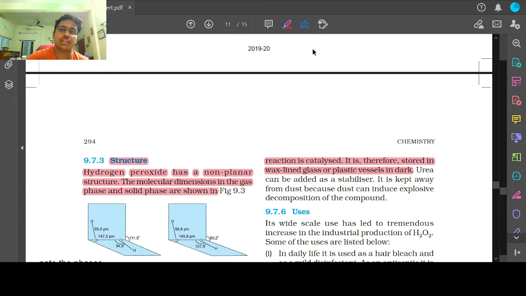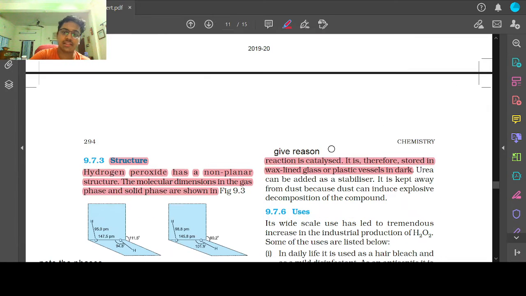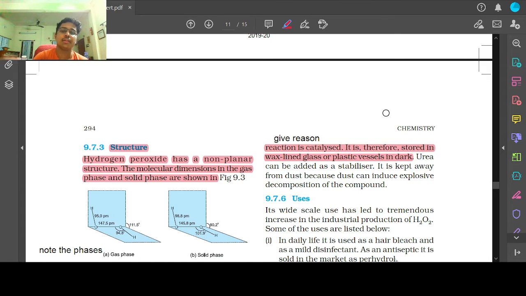These questions might come in boards: give reason. This question will come this year or any other year in the board exams because it is very important. They will ask why H2O2 is stored in wax-lined glass or plastic vessels in the dark.